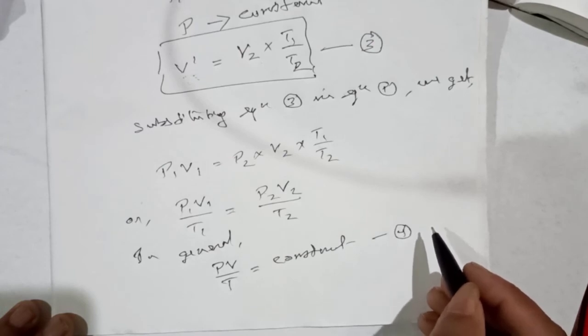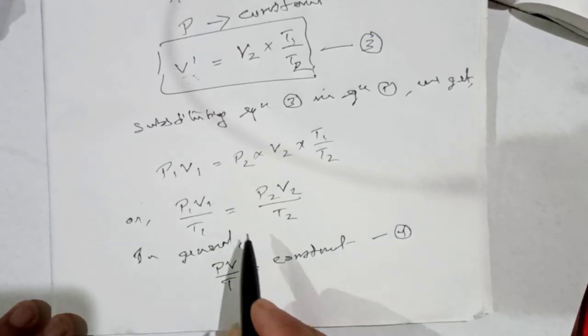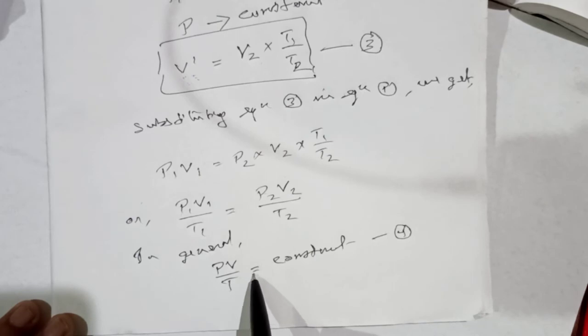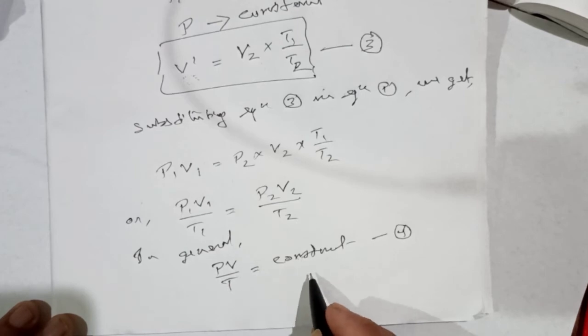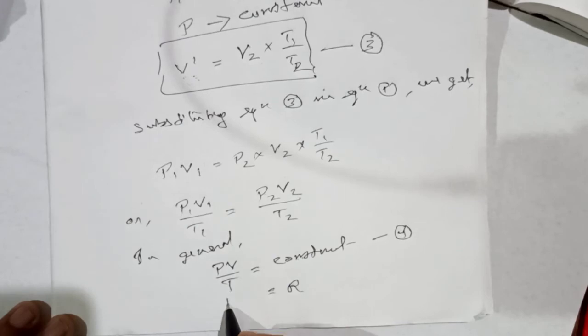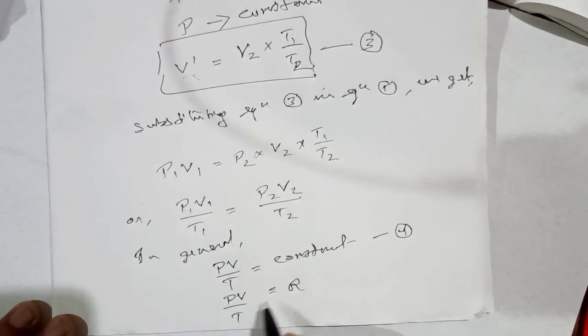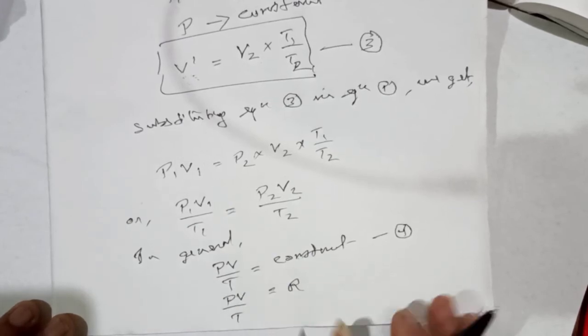So in this above equation, for 1 mole of a gas, the constant is denoted by R. So PV by T equal to R. Now let's rearrange.